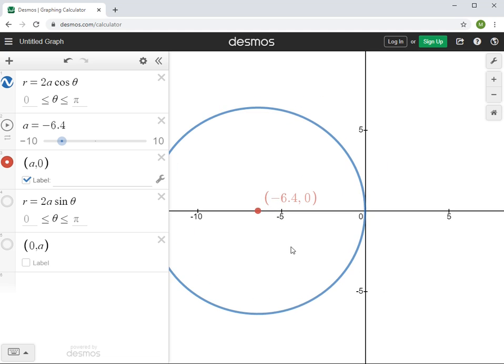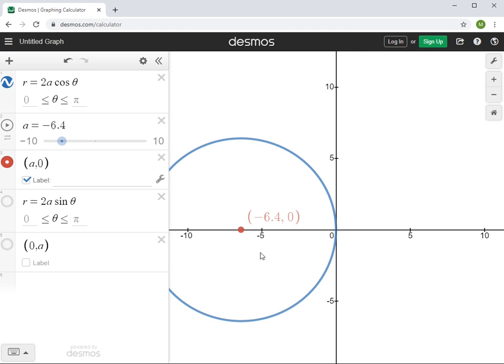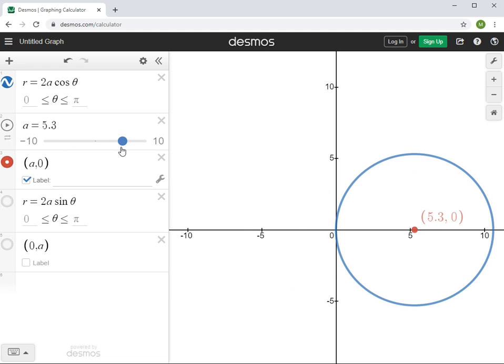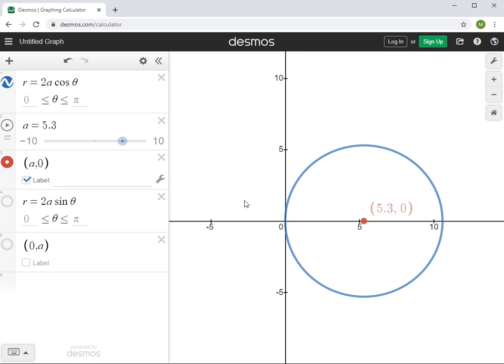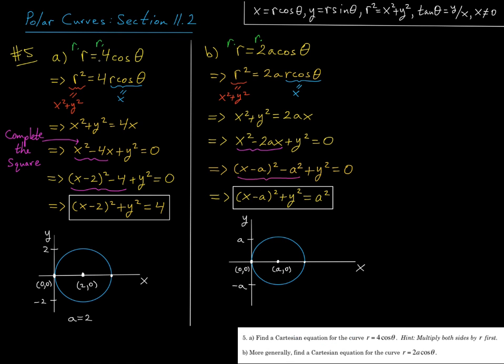All right, cool. So the last thing I want to mention here is the following. What if we were to replace the cosine of theta with a sine of theta? What would happen in that case? Well, we could just as well go through this same argument, multiply both sides by r. That's going to give us a 2ar sine theta, so we'd have a 2ay on the right side.